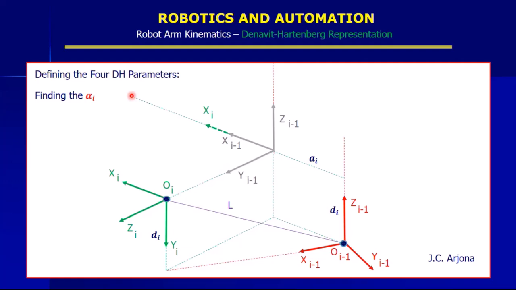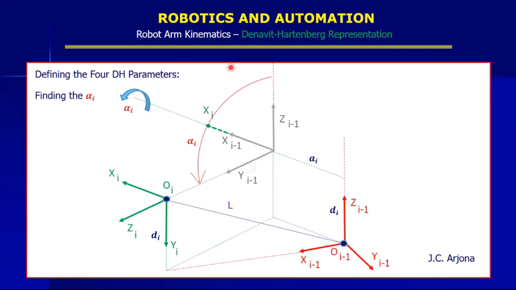And then with this axis, our objective is to rotate this one clockwise, I mean counterclockwise when looking towards that direction, in order to approach zi minus 1 to zi. So when we rotate the xi axis, we have the defined alpha I. So this is our alpha I.